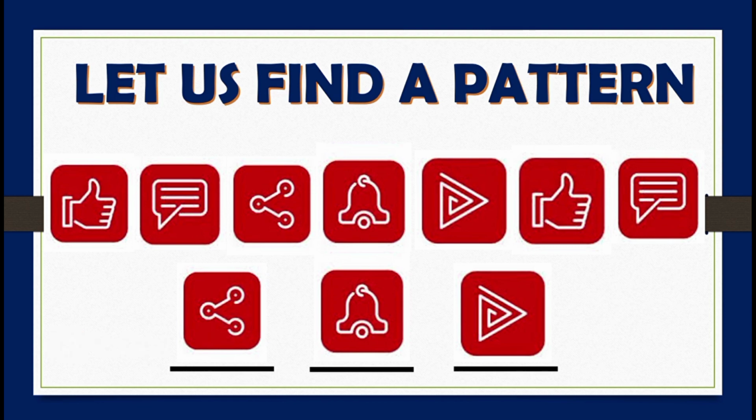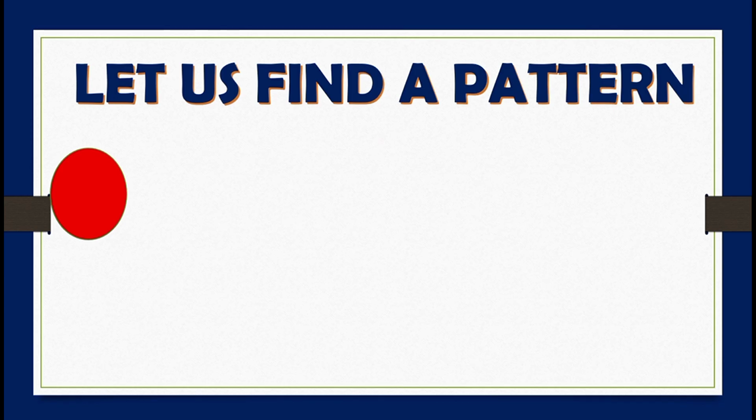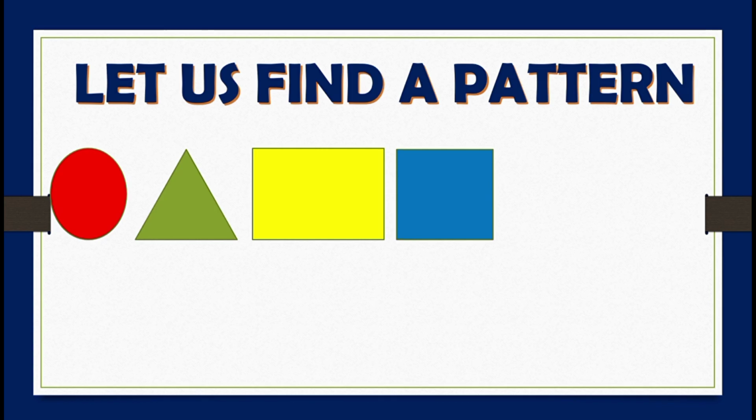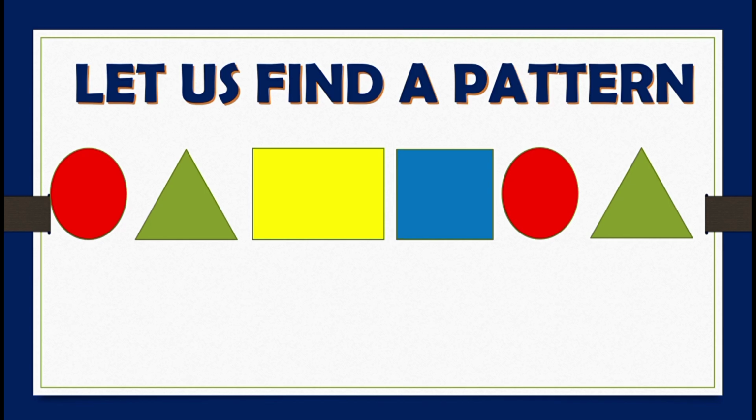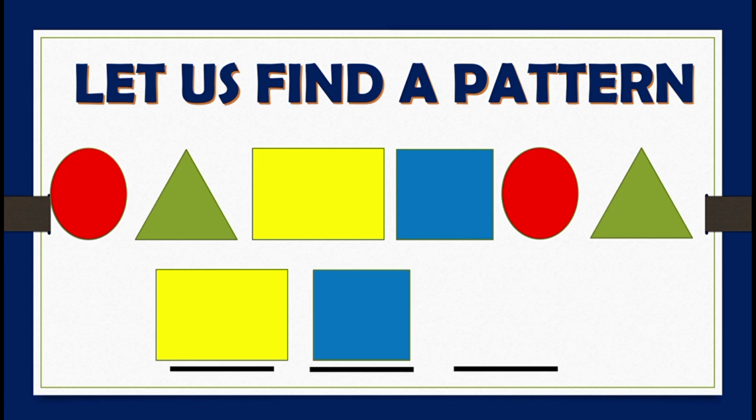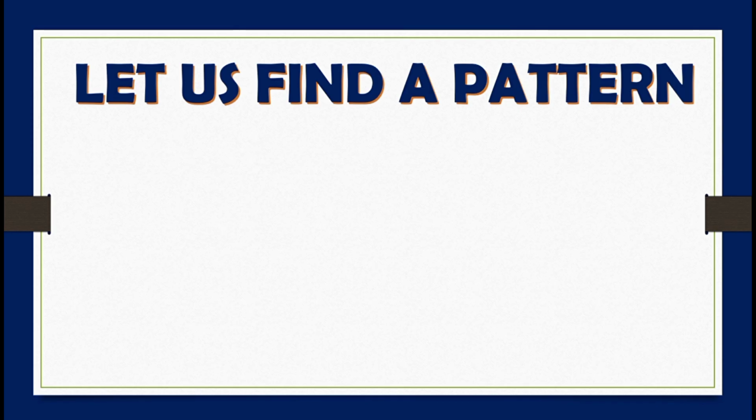Let's continue. Let's have a circle, a triangle, a rectangle, a square, a circle, a triangle. Can you guess again the next three symbols? The following symbols are rectangle, square, and a circle. Let's have the next one.